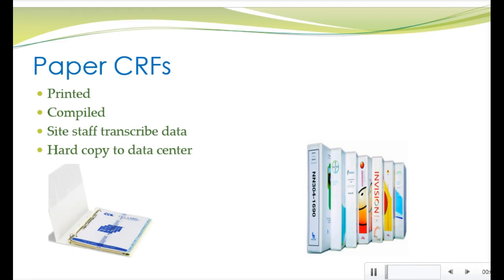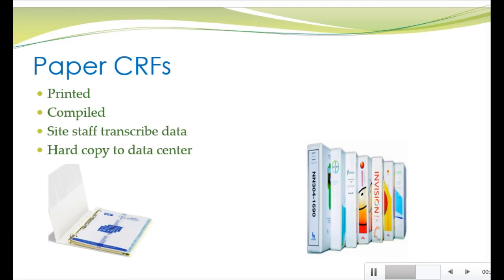I've mentioned paper and e-CRF several times now. Let's take a few minutes and talk about the differences between the two, as well as their similarities. For many years, clinical trial data was always collected using paper CRFs. Essentially, these were just printed copies of the CRF that were compiled into CRF booklets and distributed to each clinical site.